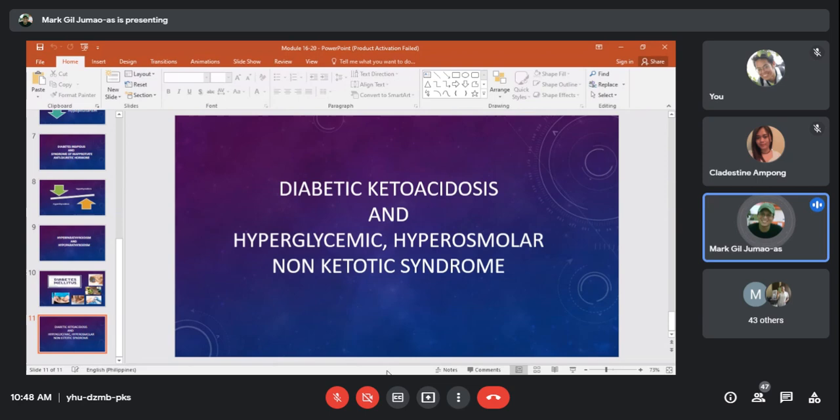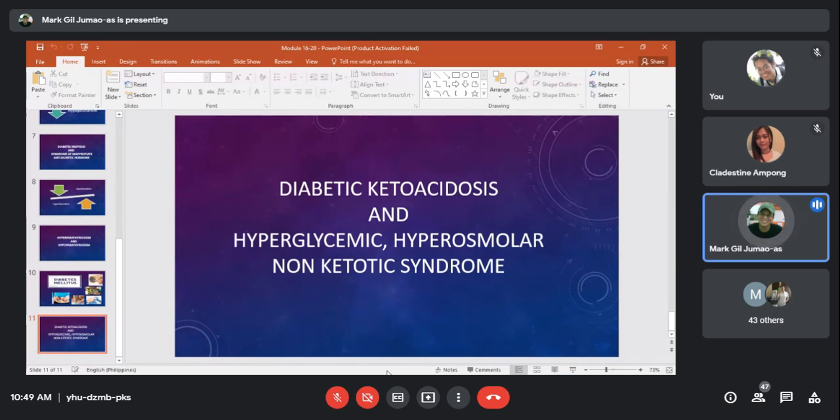So taas gyapon siya sugar, pero ang nakaapan lang ana niya is that your hyperglycemic hyperosmolar non-ketotic syndrome can be treated with the use of medications. Okay? At the same time, lifestyle modifications could also be an intervention for this kind of medical conditions.